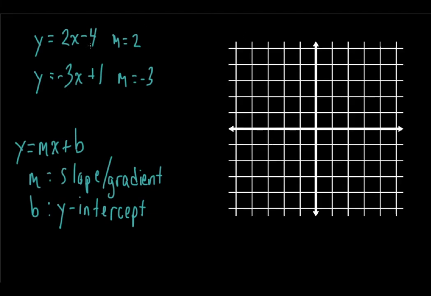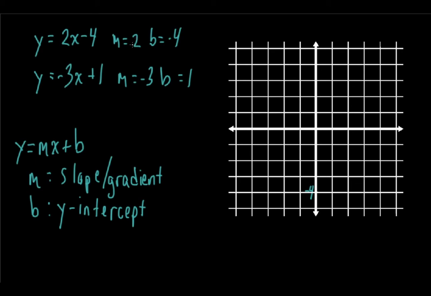So this first line has a y-intercept. The b is negative 4, right? b is negative 4. And for this one, b is 1. So for our first line, b is negative 4, we would come down 1, 2, 3, 4. This is the y-intercept.